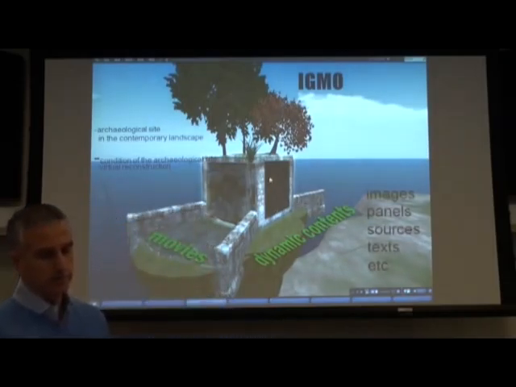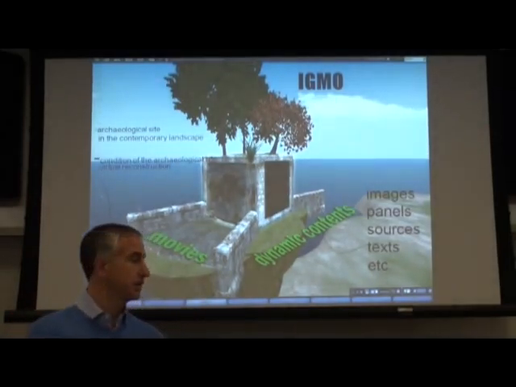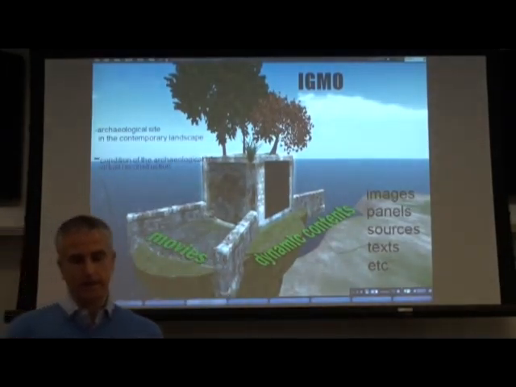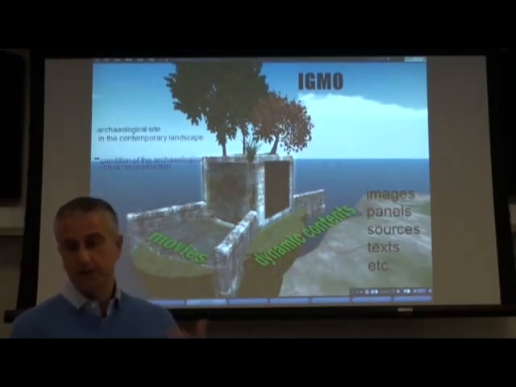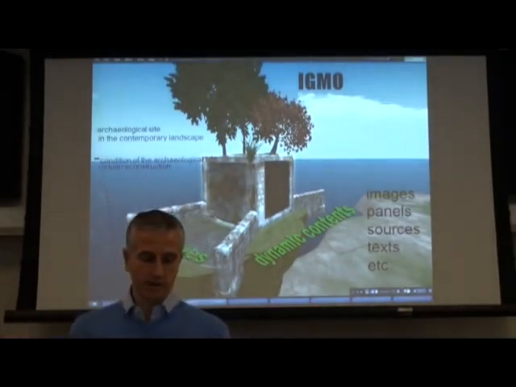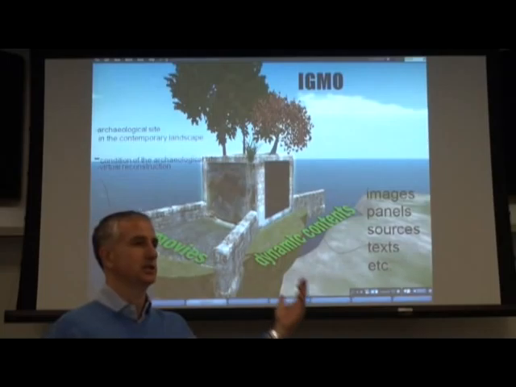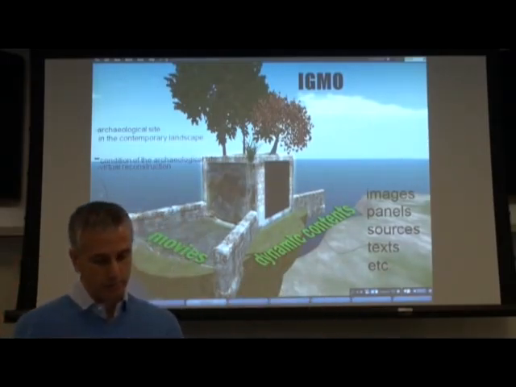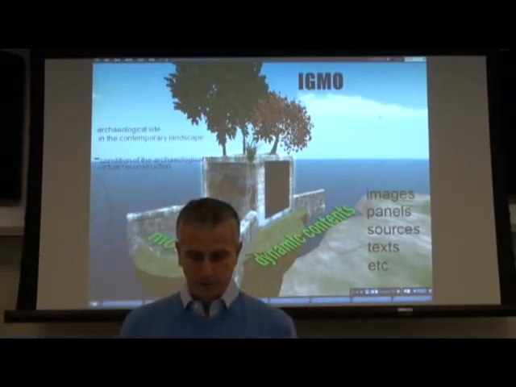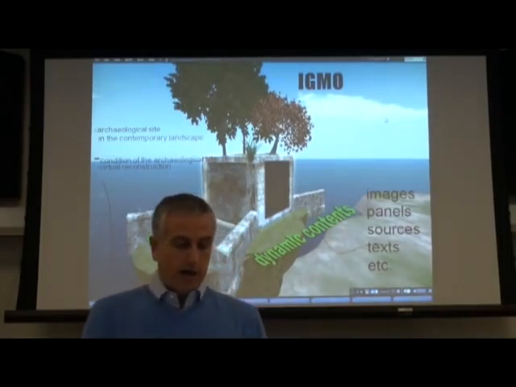So, in short, any multimedia platform inside the 3D cyberspace can host different metadata and data like pictures, 3D panels, text, and so on. It's a sort of 3D library where you can upload many different content.